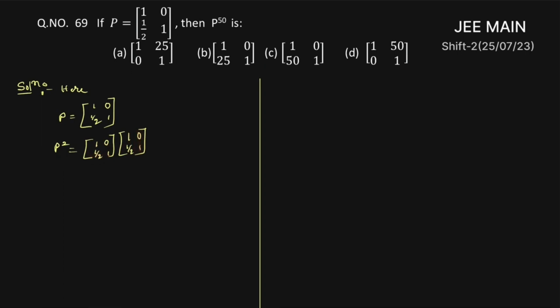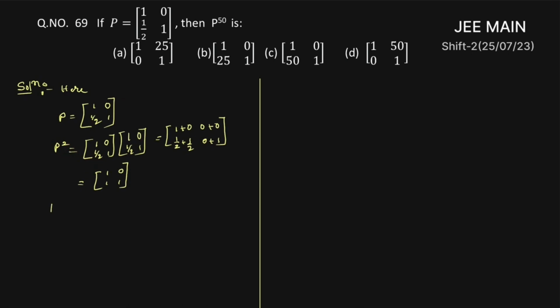Then we will get 1 plus 0, 0 plus 0, 1 by 2 plus 1 by 2, 0 plus 1, which is equal to 1, 0, half plus half that is 1, and 1. So P square, we will get this.